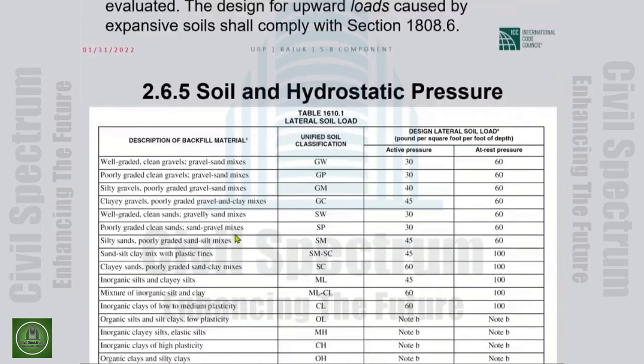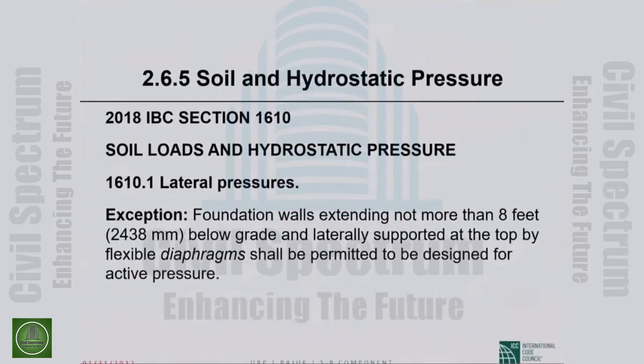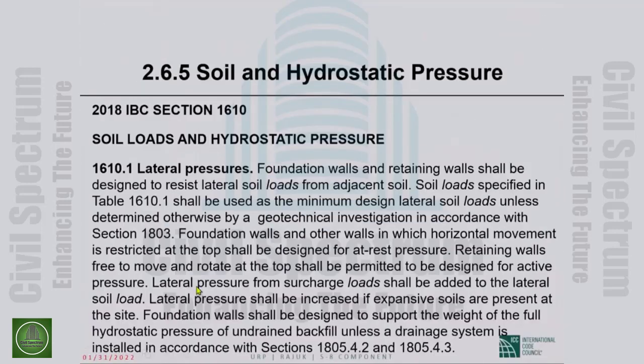And this at-rest versus active is defined here, as I read. Foundation walls and other walls in which horizontal movement is restricted at the top shall be designed for at-rest pressure. Retaining walls free to move and rotate at the top shall be permitted to be designed for the lower active pressures.